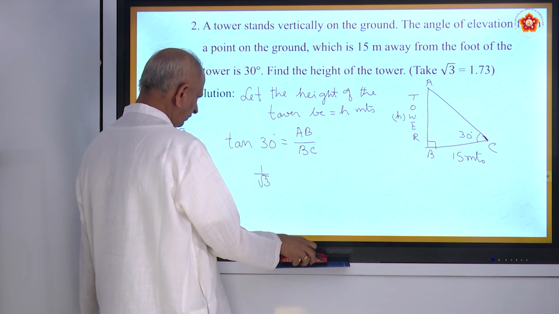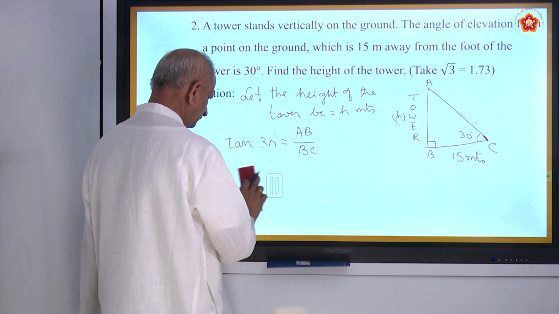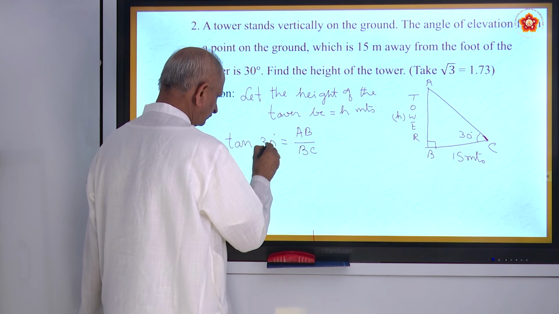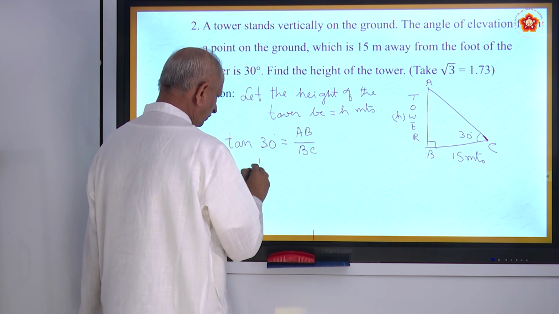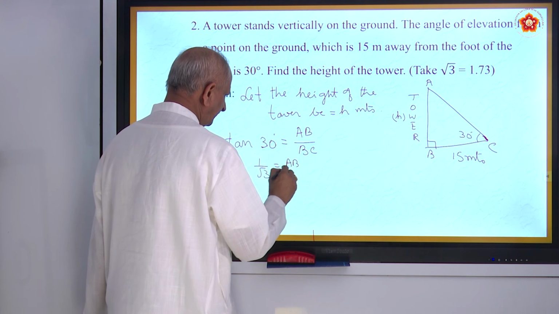Tan 30 is equal to 1 by root 3. So 1 by root 3 is equal to AB by BC.